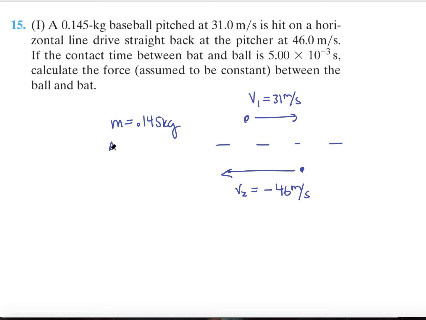Then we know that the contact time between the two things is 5 times 10 to the negative third seconds, and we want to calculate the average force between these objects.